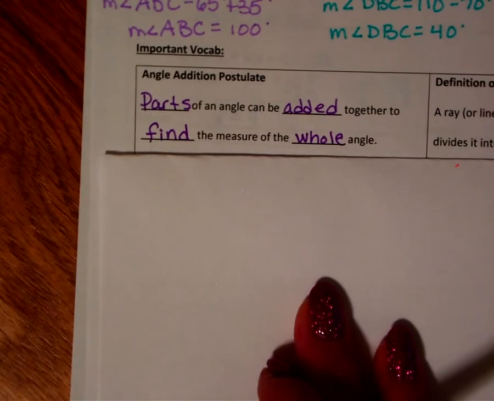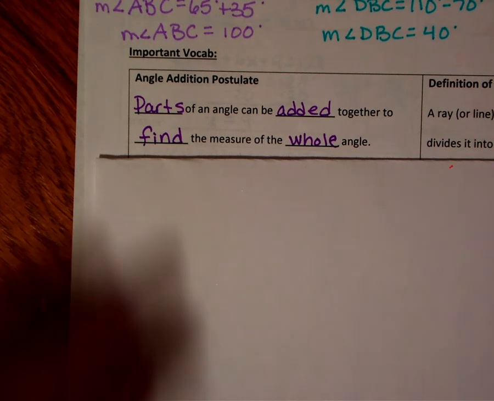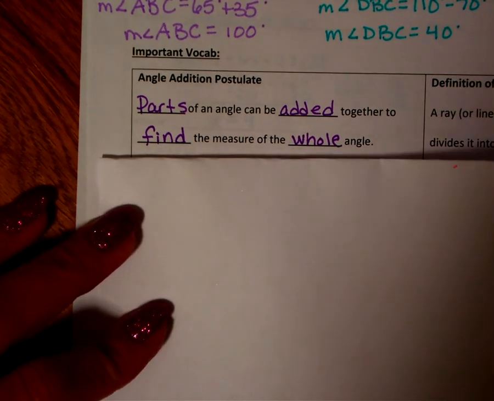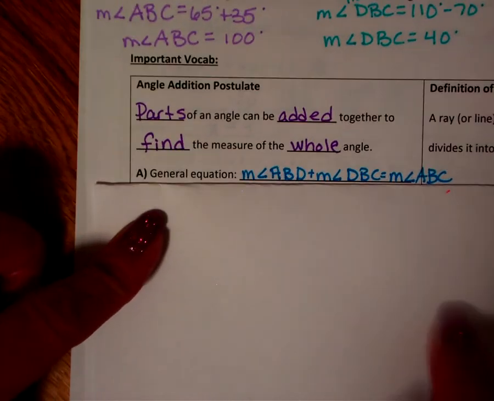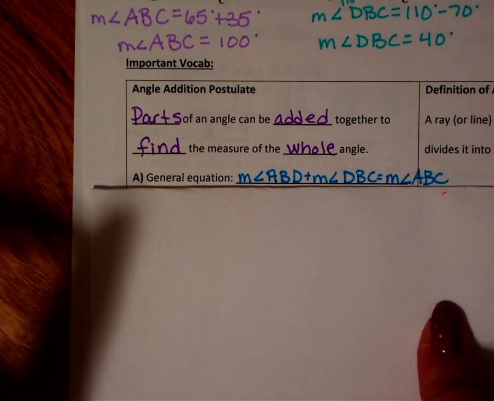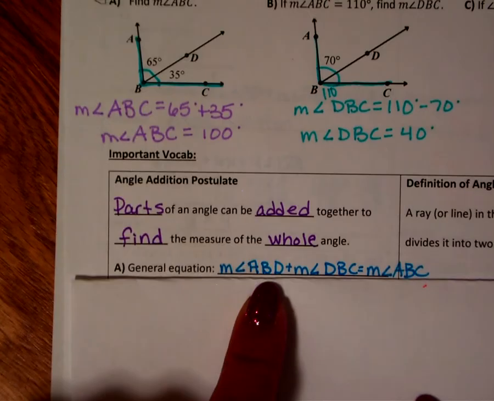The angle addition postulate says that parts of an angle can be added together to find the measure of the whole angle. As we just did up above, the difference is we're not using numbers yet. The general equation only uses the variables in the problem.